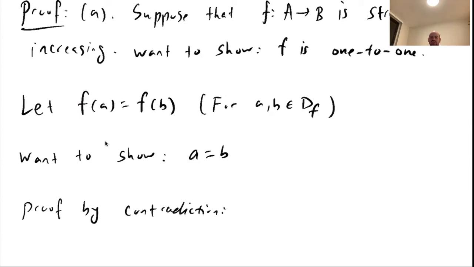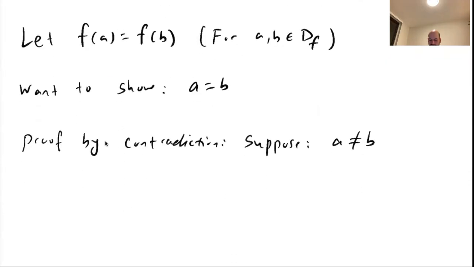In proof by contradiction, we assume what we want to show is wrong. So suppose that a is not equal to b. If two numbers are not equal, then there are two possibilities. Either the first number is smaller than the second one, or the first number is bigger than the second one.